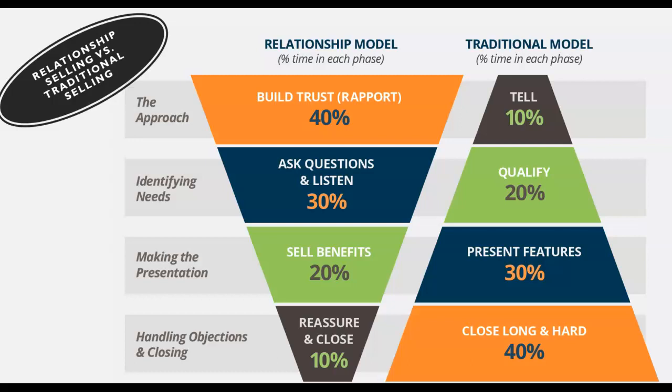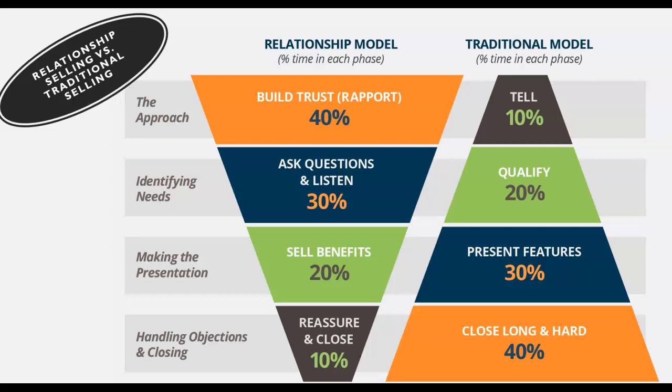On the other hand, if I'm the traditional model, which is more of a selling orientation, I'm just going to tell them about myself. I'm going to make sure that they have the money, whatever, qualifying. Then I'm going to spend a good amount of time just telling them everything I think they need to know. I'm not asking about them. I've never asked them about themselves.